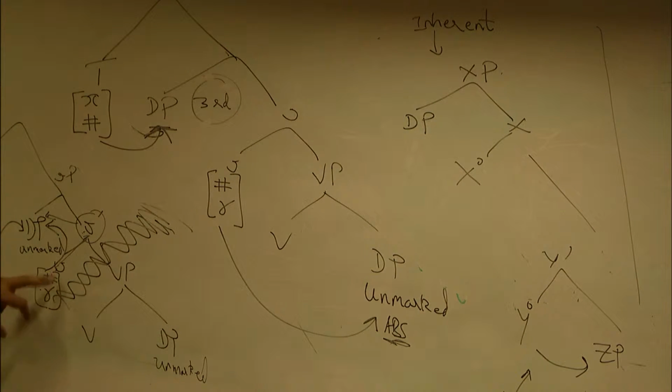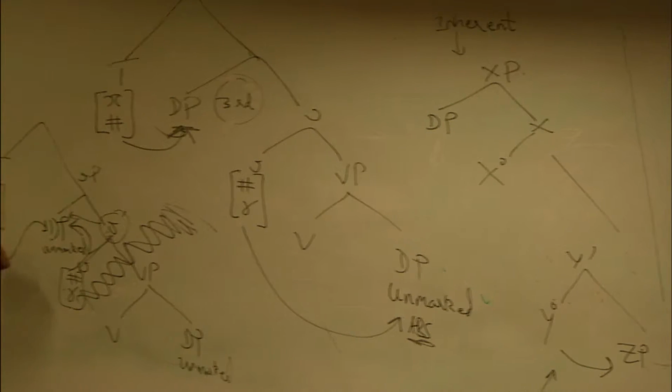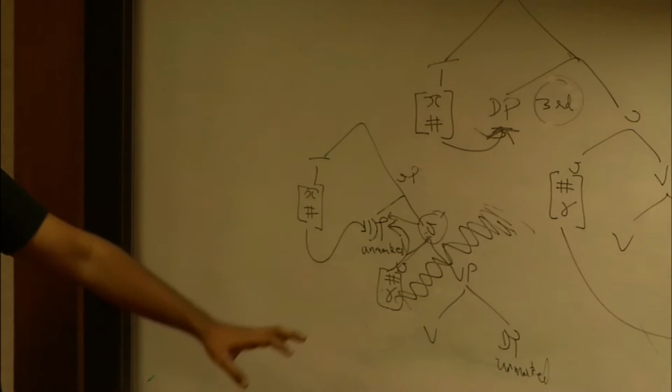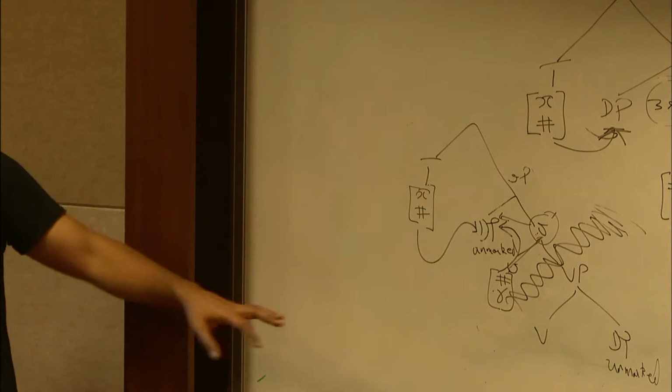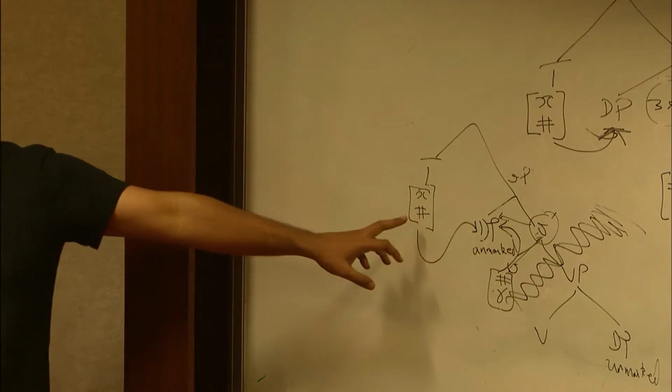So now this guy looks up and finds features here and agrees with this. At this point, both T and V have access to features of the same head, and what we assume is that when T and V have features of the same head, then you can combine them. And when you combine them, then what happens is that you get complete agreement. And by complete agreement, I mean agreement in all features.